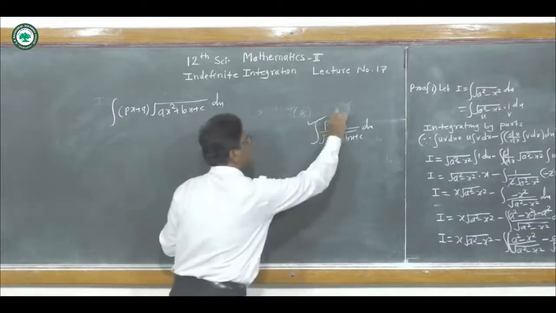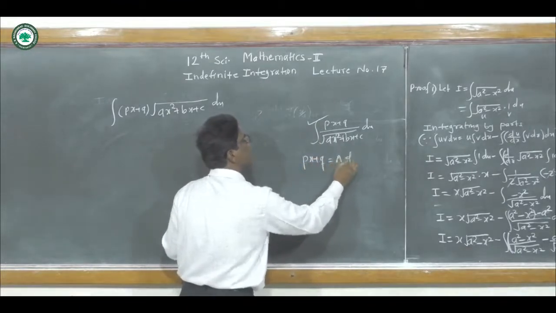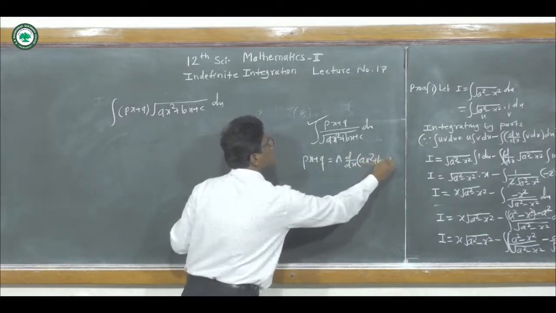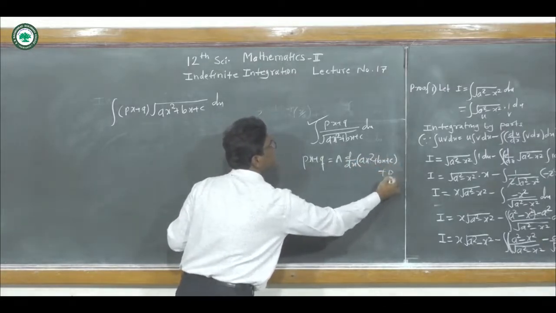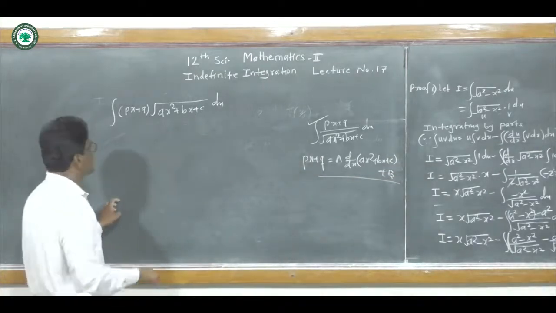Here we express px plus q is equal to a into d by dx of ax square plus bx plus c, plus b. Use the same method here.